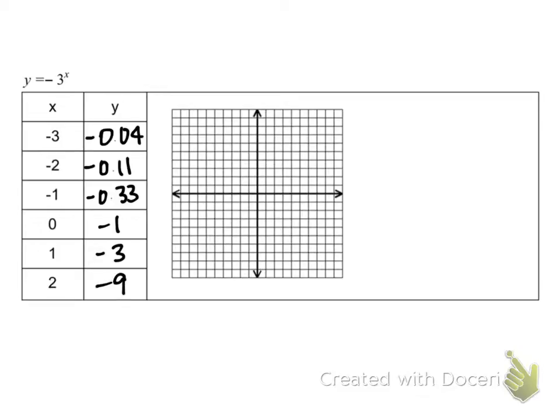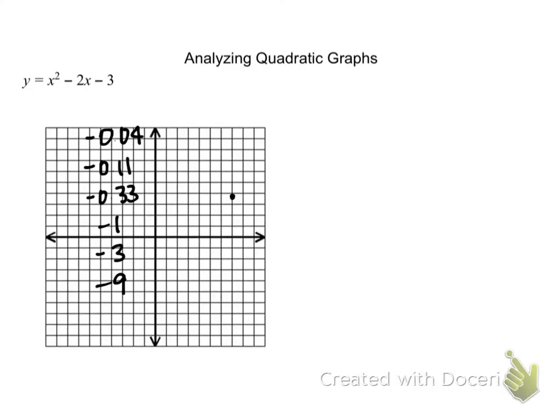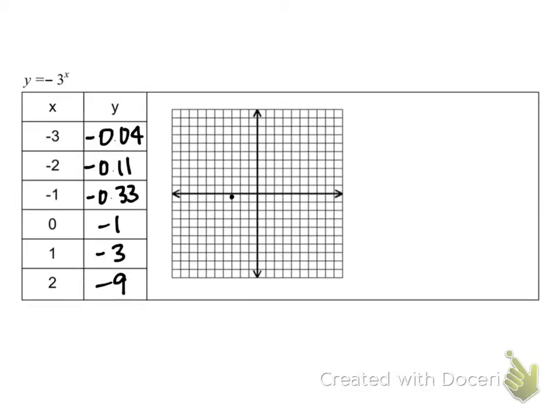Again, it's going to get very, very close to the x-axis, never touching it. We have something really close, then a little bit further away, and then we finally get to negative 1, and then negative 3, and then negative 9.